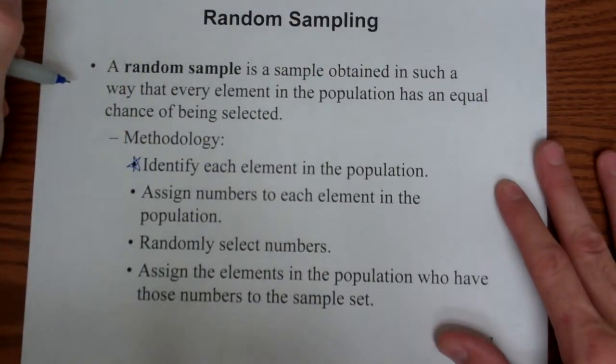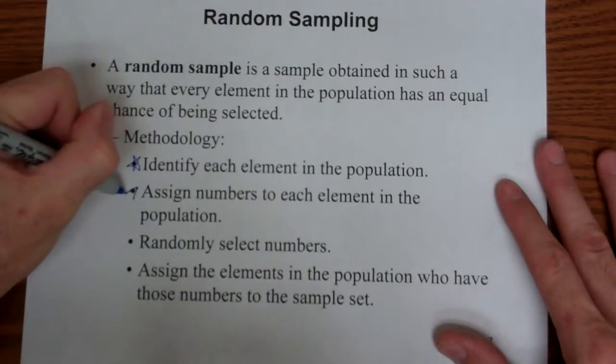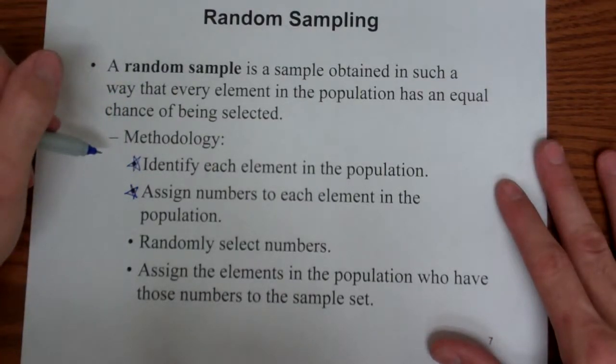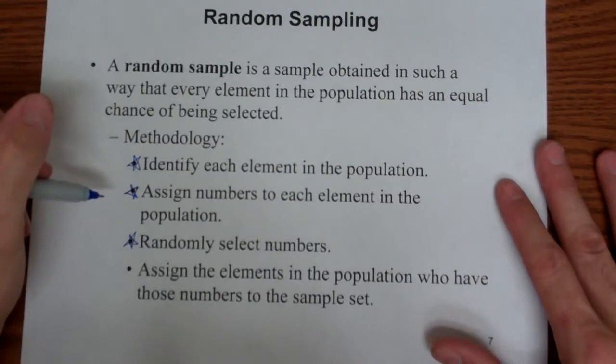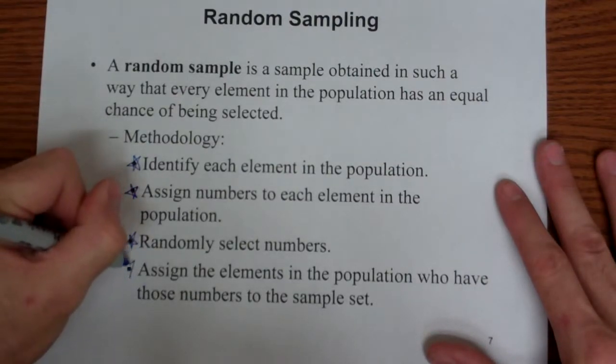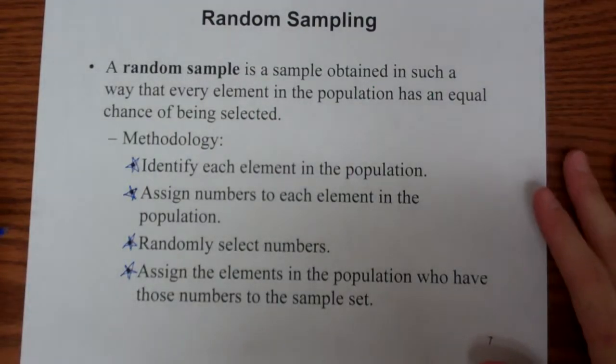Who are we looking at? Assign numbers to each element of the population. Give it some sort of a number. Randomly select, do something so that everybody has the same chance, and then take those people from that set and analyze their opinions. Ask them the questions.